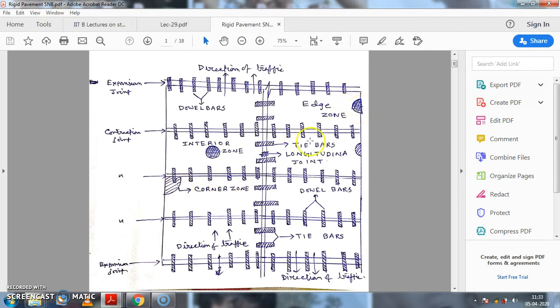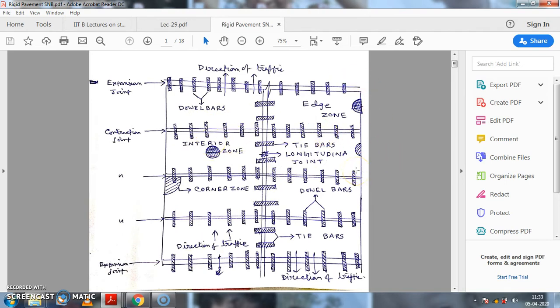So these zones are under critical condition. That's why Westergaard gives us the formula, Westergaard load theory, for three zones individually: interior load stress, edge load stress, and corner load stress. So now I think this picture is clear.